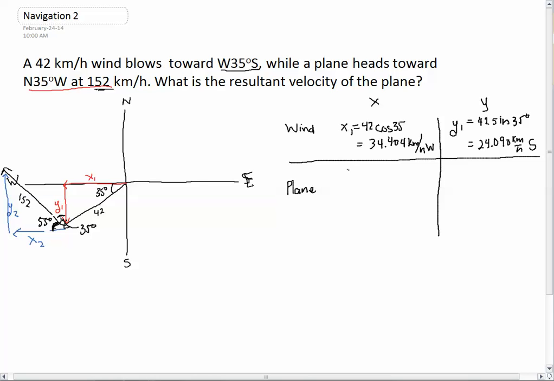Then we're going to look at the plane. And this is our x2. Again, notice that in this instance, x2 is adjacent to our 55 degrees. So we use the cosine again.